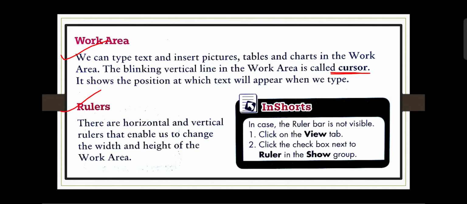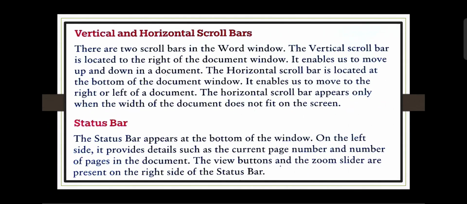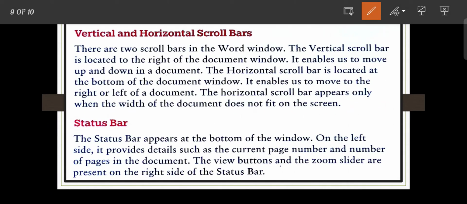Next is the horizontal and vertical scroll bar. There are two scroll bars in the Word window. The vertical scroll bar is located at the right of the document and enables us to move up and down the document.